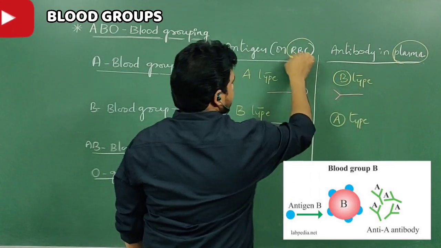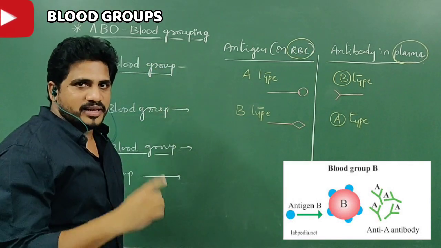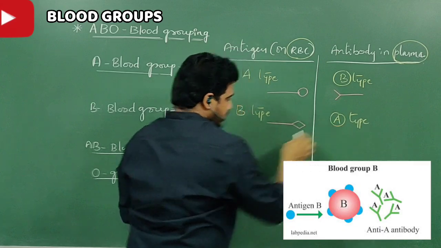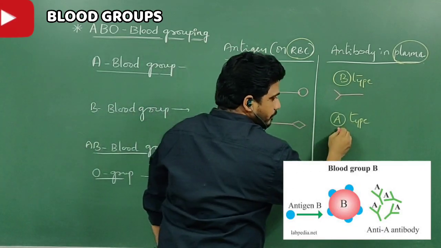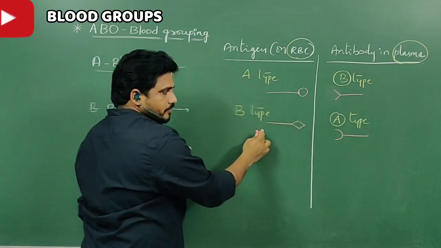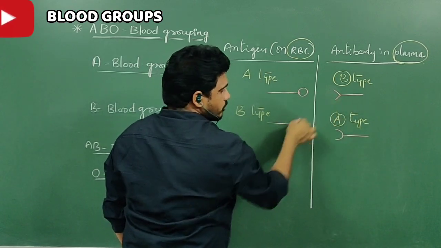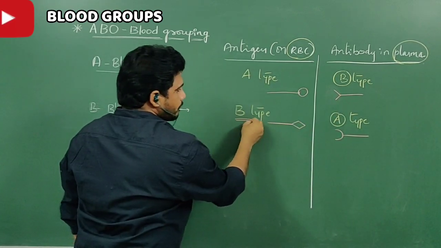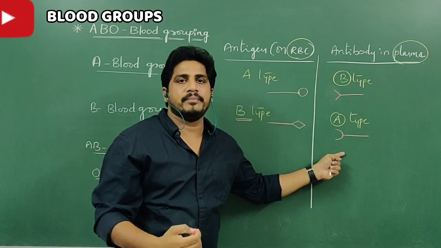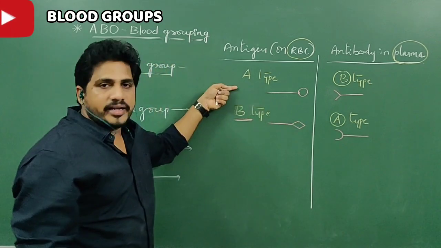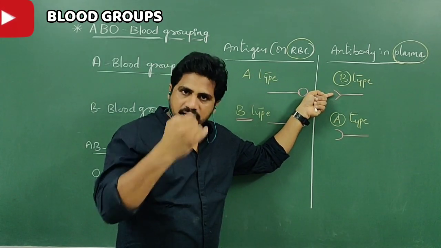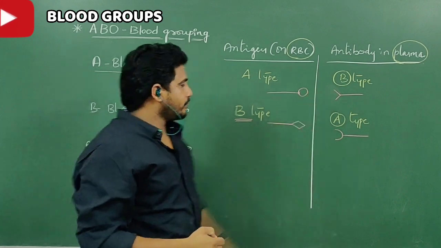Antigens exist on the RBC, not in the RBC, on the cell membrane of the RBC. And this shape, antibody A, is like this. This cannot stop here. It can stop this. So a B blood group person has the opposite type of antibodies in the same body, and an A blood group person also consists of the opposite type of antibodies in the same blood.